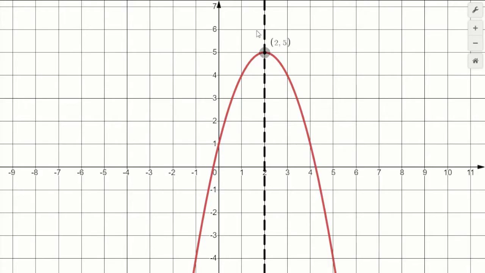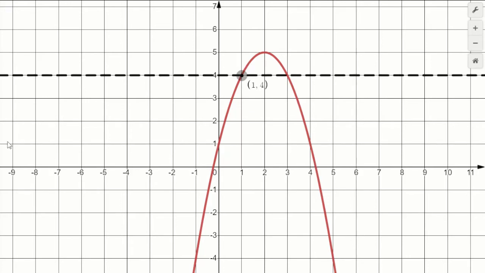Now observe my point carefully right here. I'm hiding away the vertical line, but now I'm showing a horizontal line. Right now at the initial input x equals 1, we're at a height of 4 for the output. So the output is 4 initially.